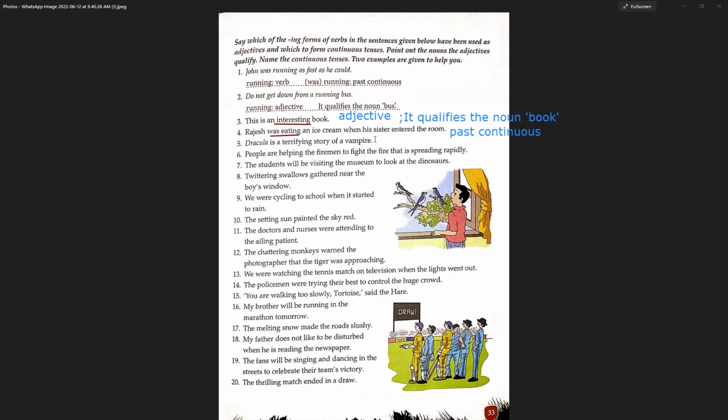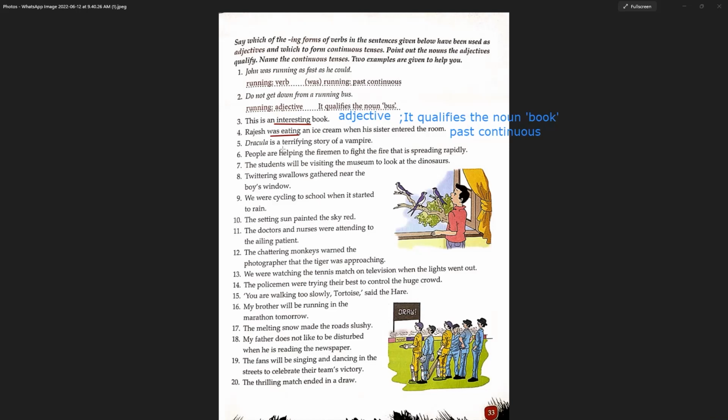Okay, what is terrifying? Scary. Brutality is there. Yes, terrifying. Can you go down? Dracula is a terrifying story. Please underline terrifying.